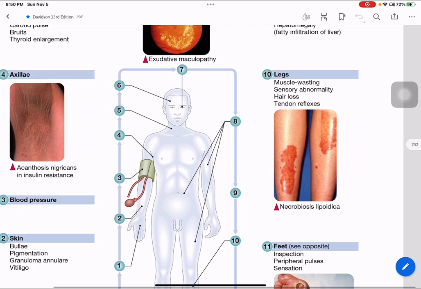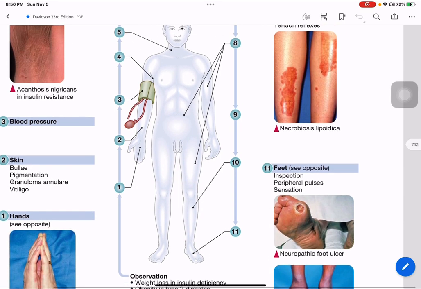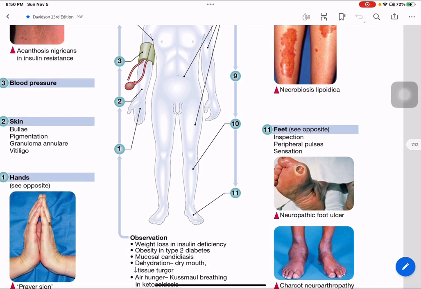Then we must check the insulin injection sites: in the arm, beside the umbilicus, and in the thigh. At the injection site, is there any lipohypertrophy, and then we must go down to the feet.